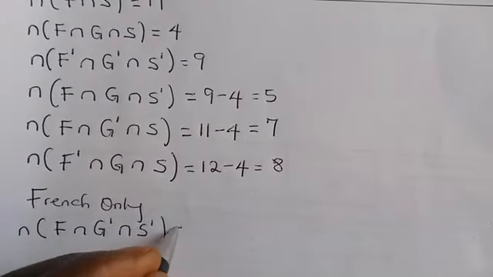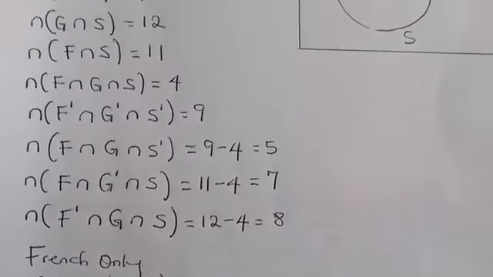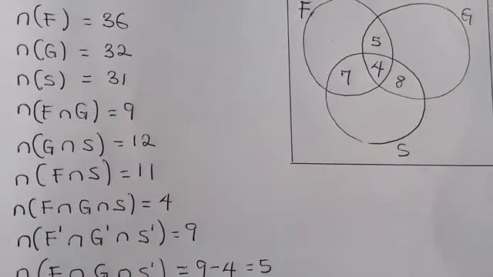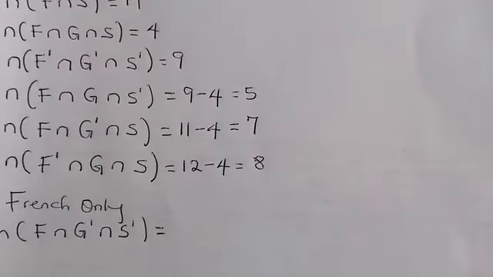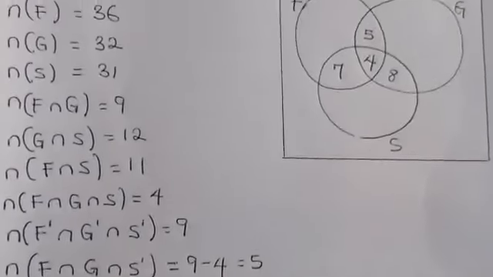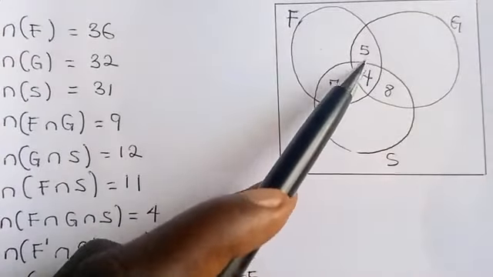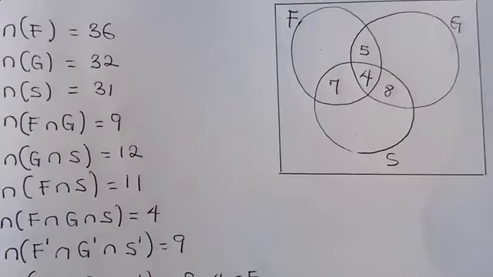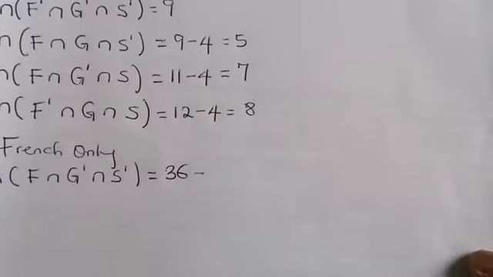And that's equal to, from this data, the total number of students in French, we have 36. So we are going to subtract this data, 5, 4, and 7 from 36 to know French only.